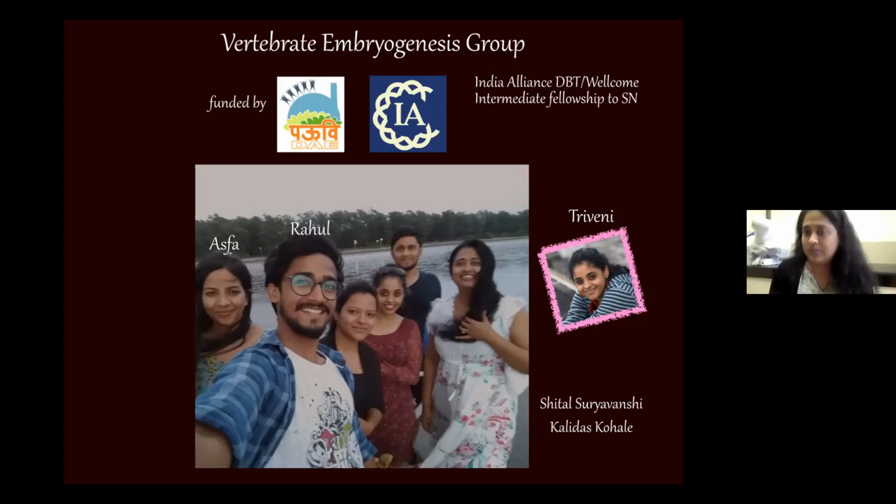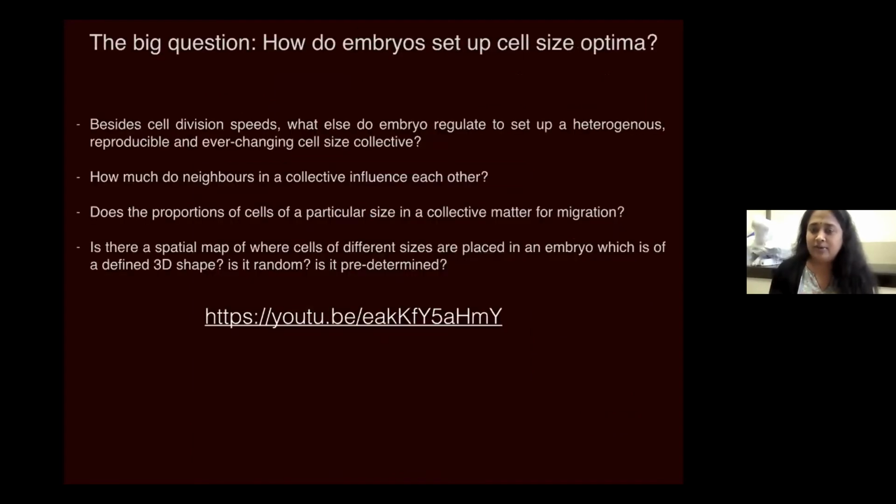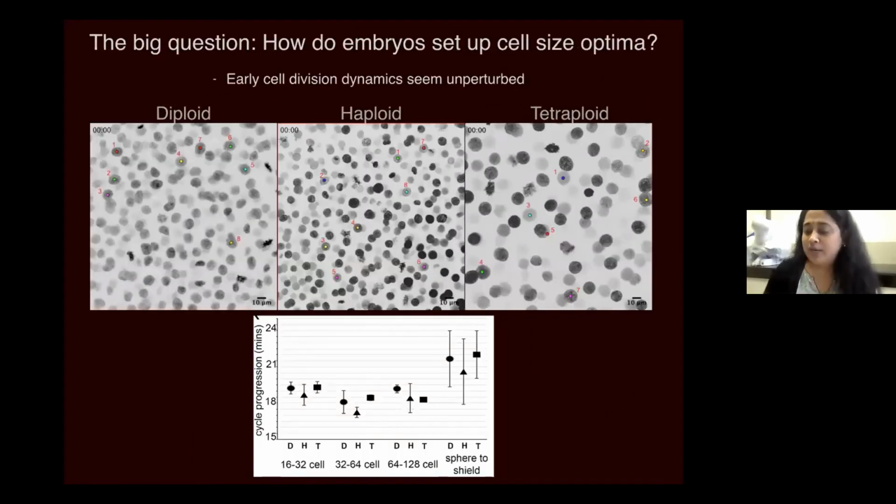But the work was largely fully done by a very talented graduate student who's now a postdoc in Princeton. And I would also like to acknowledge the funding agencies that allowed this work to be done. One was TIFR DAE and Wellcome Trust DBT for the fellowship that we used to fund this work. And I will end my talk here and take questions if there are any more.